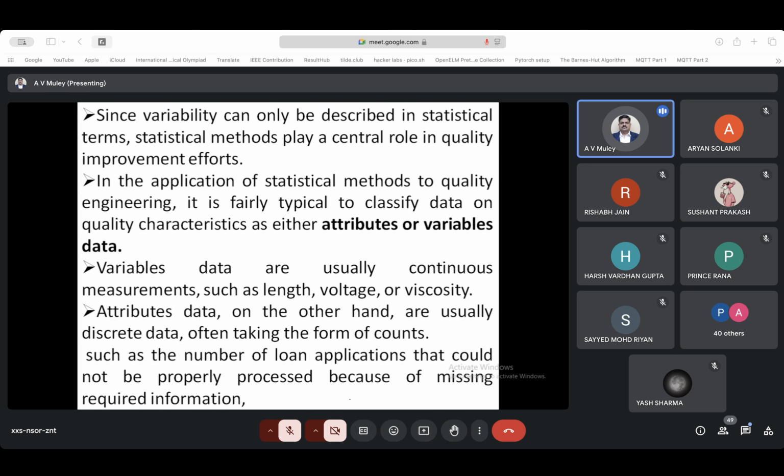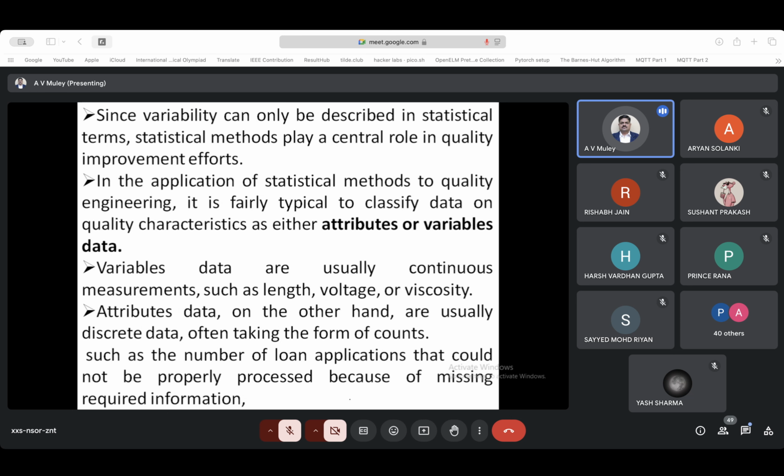It talks about acceptance and rejection. Variables are where we are measuring the data, for example, length or diameter. Variables data are usually continuous measurements such as length, voltage, viscosity. Attribute data, on the other hand, are usually discrete data, often taking the form of counts.